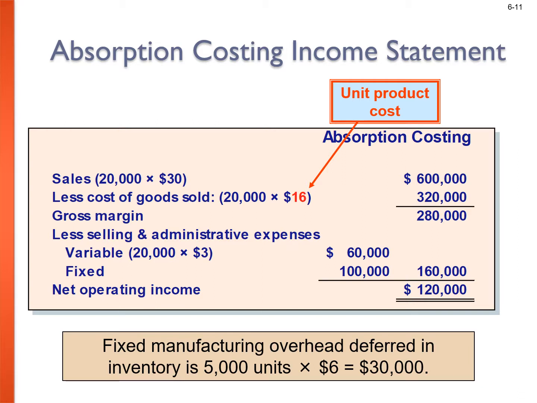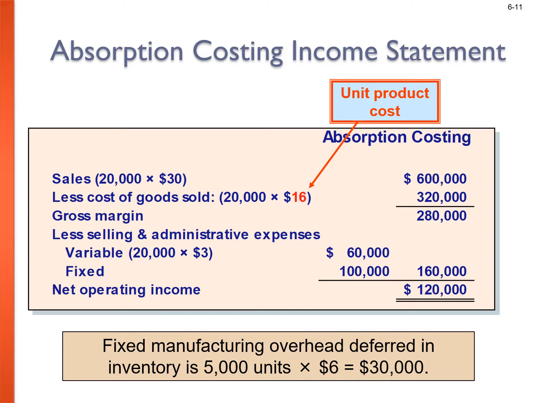So under absorption costing, your gross margin would be $280,000. You would then subtract your selling and administrative expenses, the variable portion, 20,000 times $3 or $60,000, and your fixed portion, $100,000. So net operating income, $120,000.